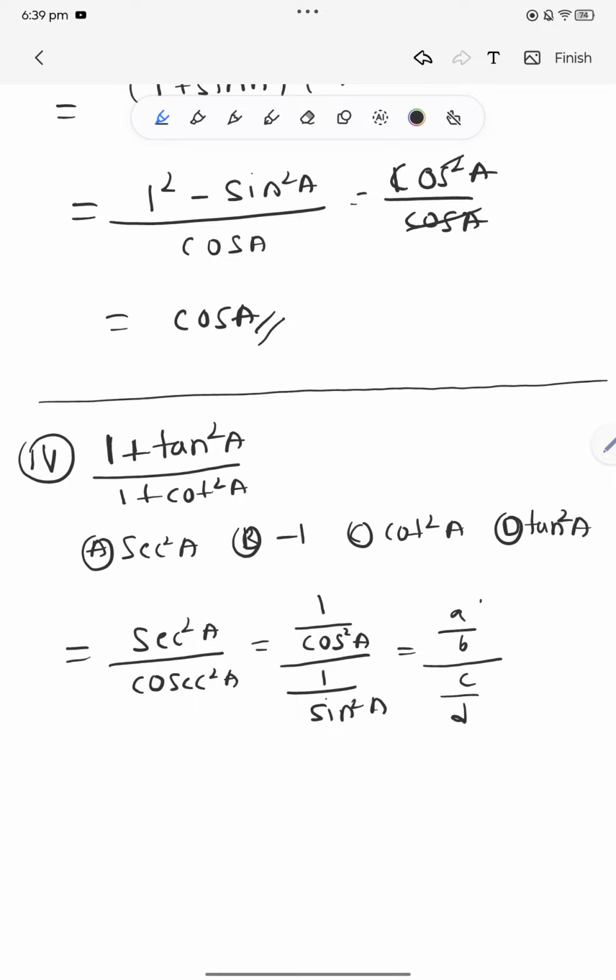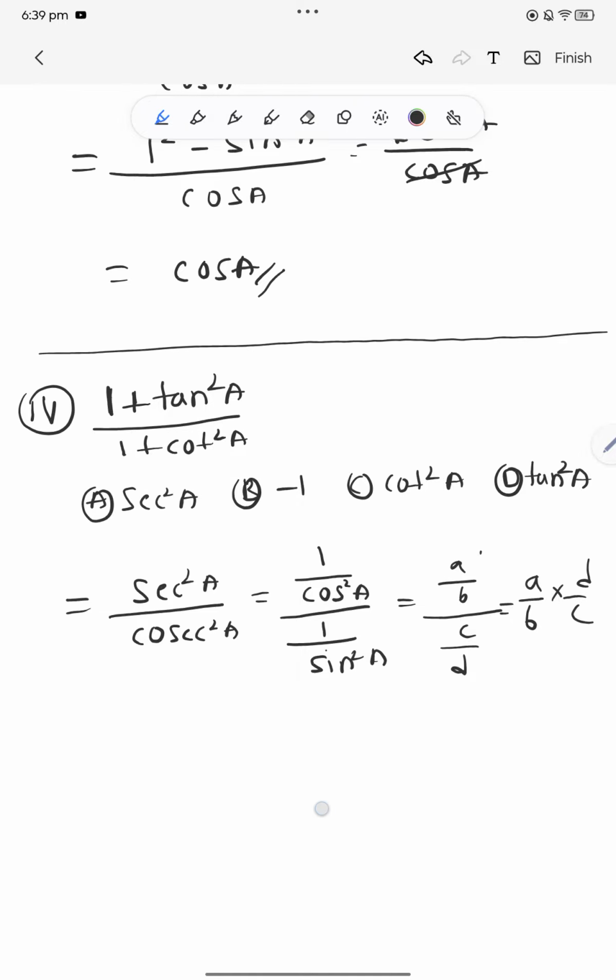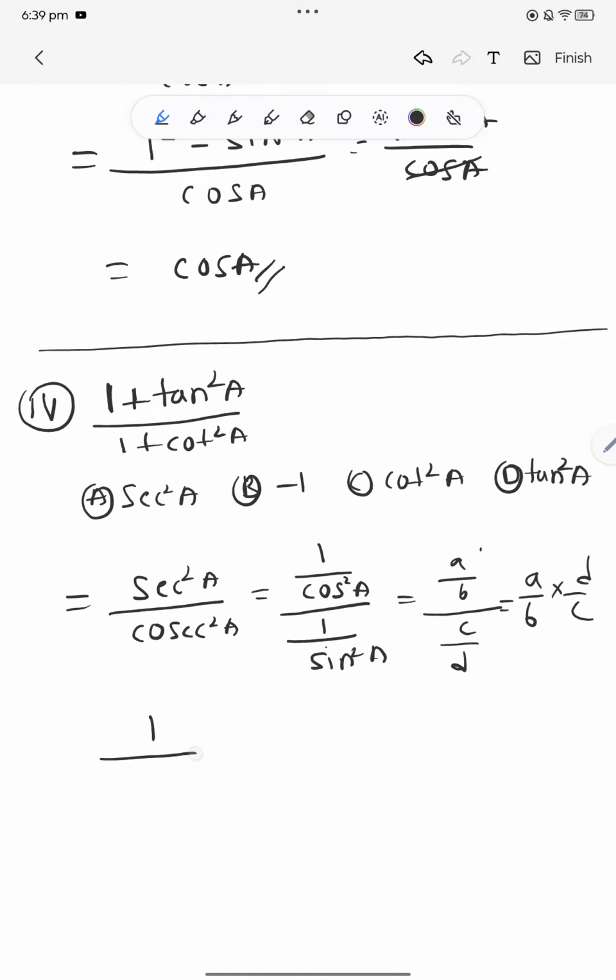In this type of question we write A by B as it is, and C by D goes up as D by C. So 1 by cos square A into sin square A by 1, which is sin square A divided by cos square A, which is tan square A.